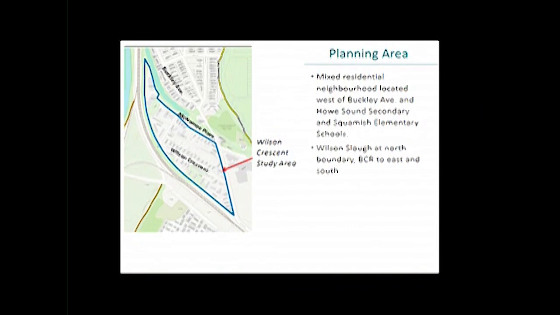So I've mentioned the planning area. The other thing I should mention is that the Wilson Slough forms the northern boundary of this neighborhood, and the eastern boundary is also formed by the rail line. So it's a kind of sheltered, interesting little mixed-use neighborhood once you're in there.